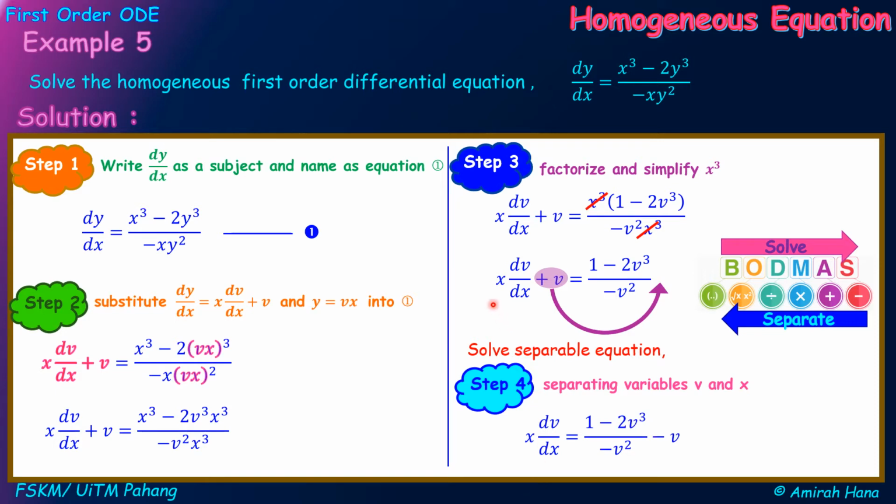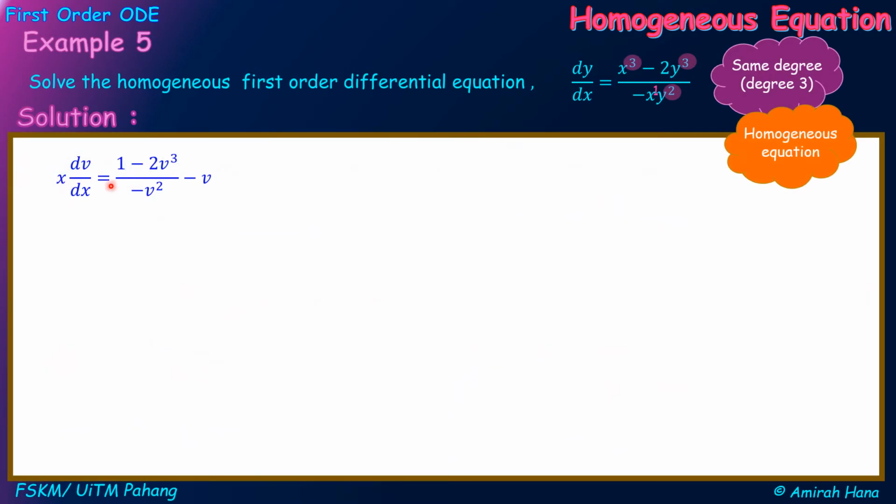So we get x dv over dx equals 1 minus 2v cubed over negative v squared and then minus v, after we move plus v to the right hand side. From the previous slide, we get this. x dv over dx equals 1 minus 2v cubed over negative v squared minus v.